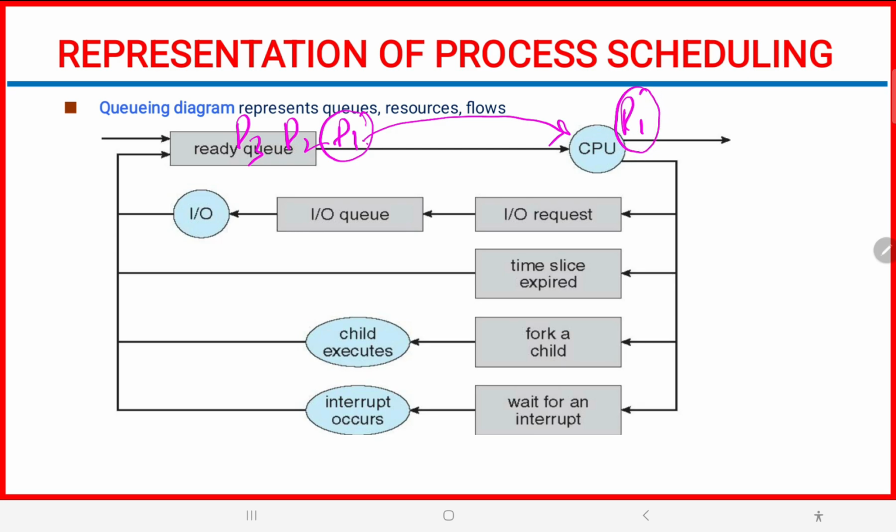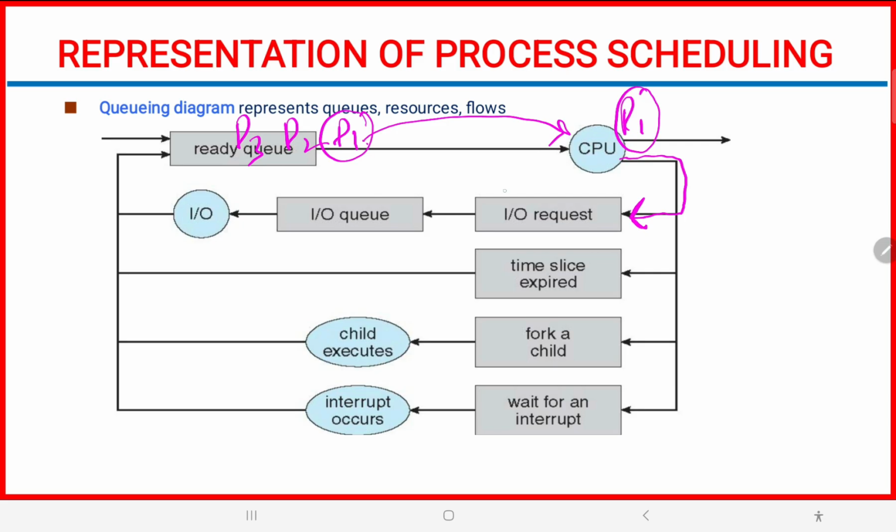Now, there are four possibilities that can take place with regard to this process. The first possibility is that this process needs some IO activity to be done first, so that it can complete its remaining execution. In that case, this process will be put onto the IO waiting queue. Why in the IO waiting queue?